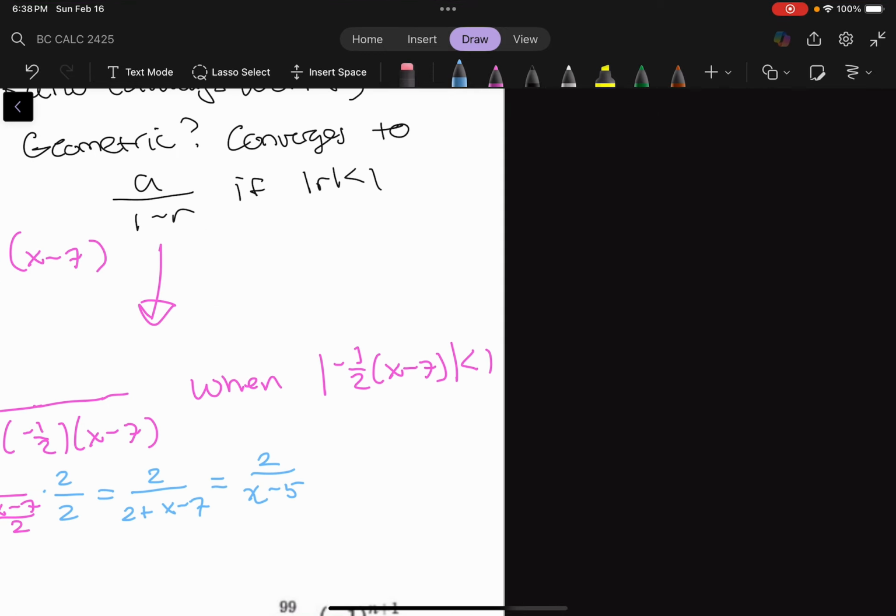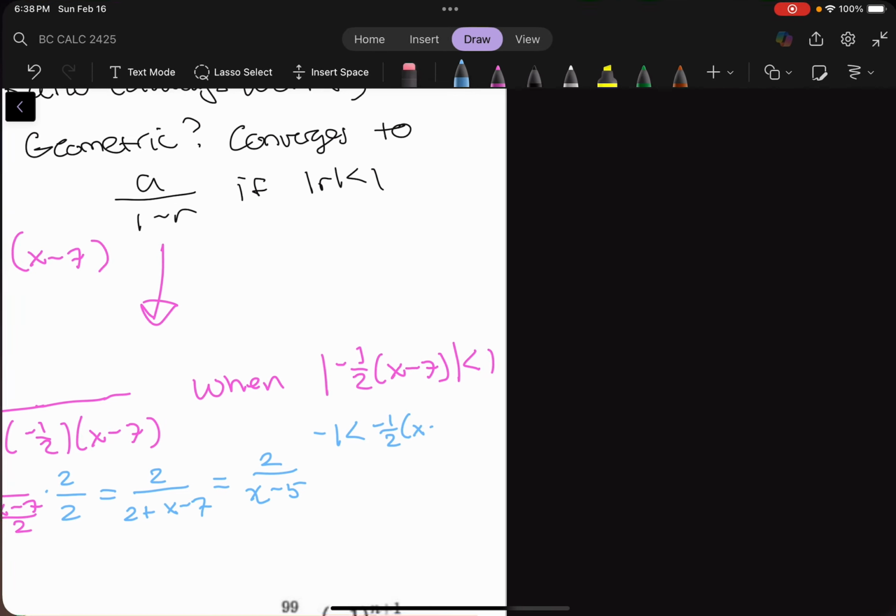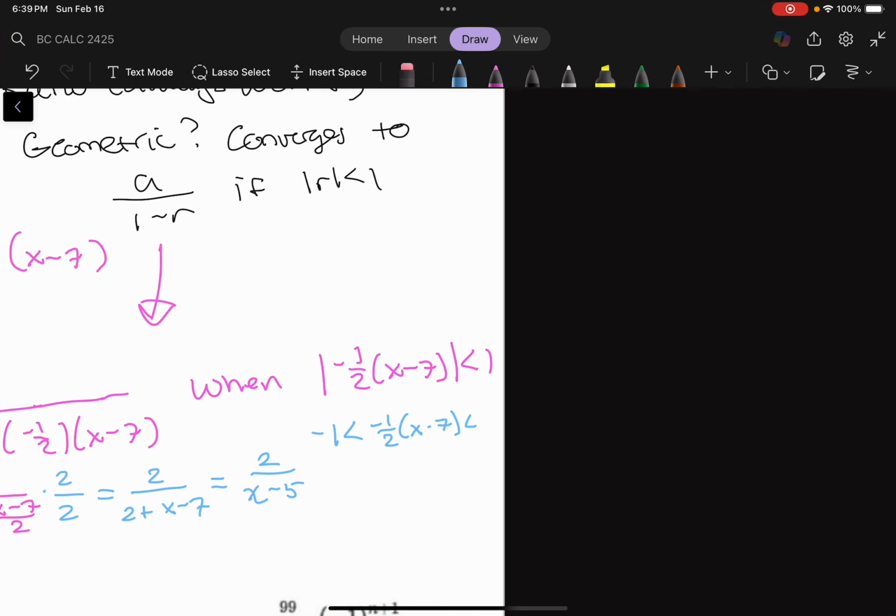So this is true when negative 1 is less than negative a half times x minus 7, less than 1. Okay, and then multiply by negative 2. It'll flip the inequalities, but it'll be fine.